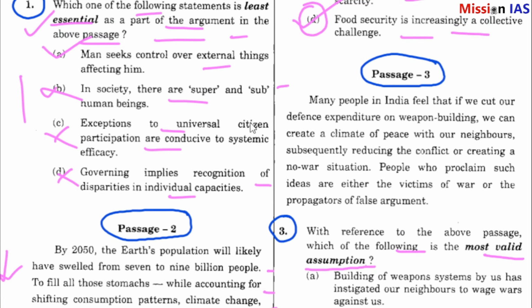Many people in India feel that if we cut our defense expenditure on weapon building, we can create a climate of peace with our neighbors, subsequently reducing conflicts or creating a no-war situation. People who proclaim such ideas are either the victims of war or the propagators of false arguments.